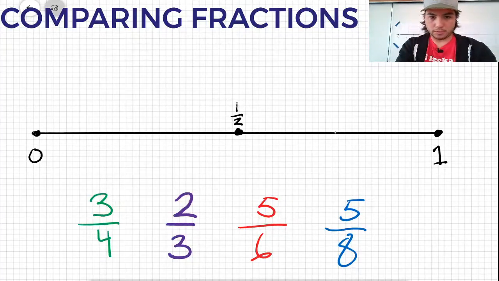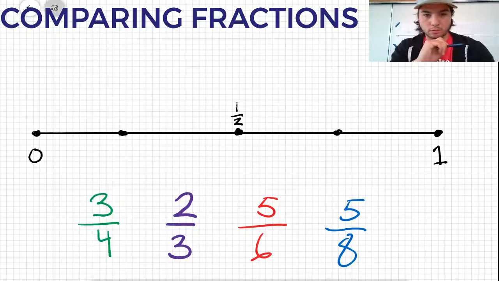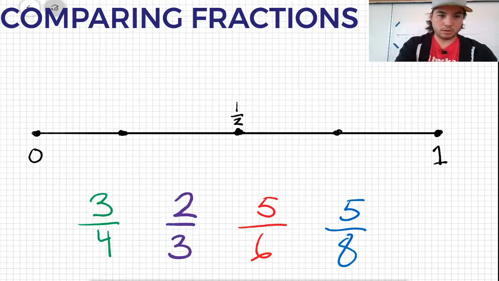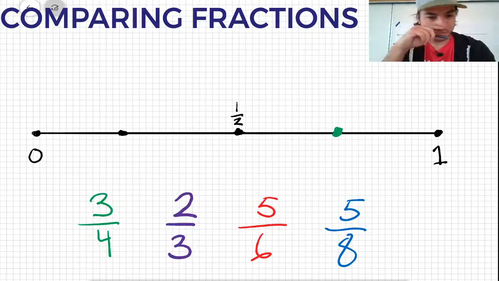I'm not measuring this one out. Okay, so there's our 4 pieces. And then we go 1, 2, 3. So here's our 3/4 right here. And I'm actually going to turn this dot green because 3/4 is our green fraction.